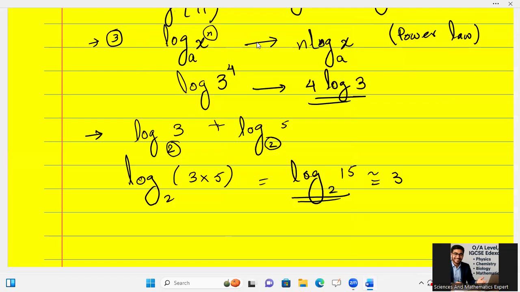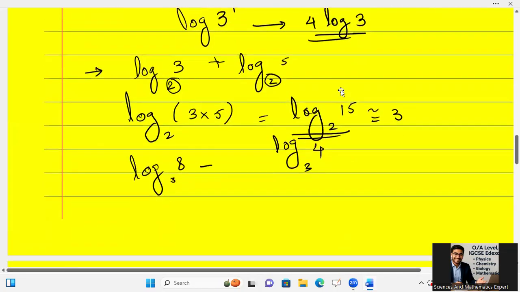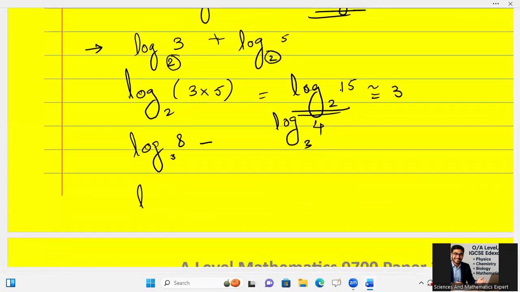For the second law example, he has taken log 8 to the base 3 minus log 4 to the base 3. Then we can write it in the format of log to the base 3 of 8 divided by 4. This is the division law, which should be expressed in this format.